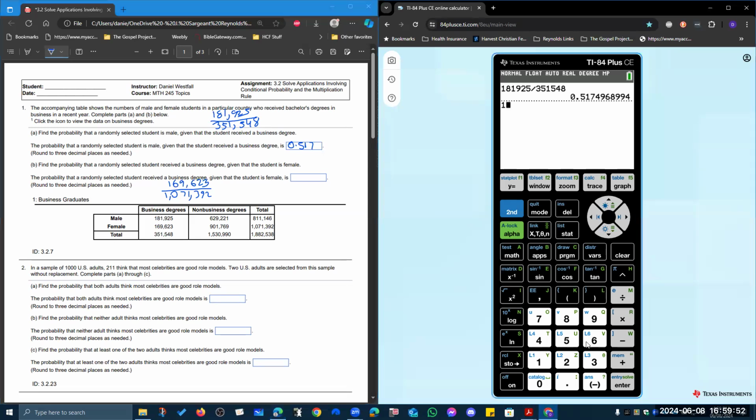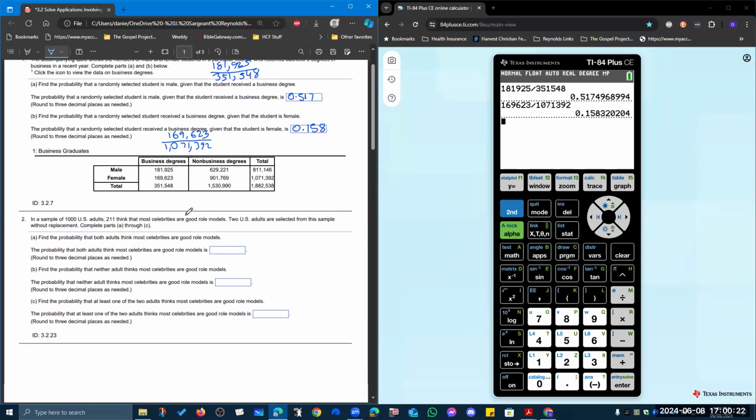So 169,623 divided by 1,071,392. We're going to round this to 3 decimal points as well. It's going to be 0.158. Because that fourth decimal point is a 3, we're going to round down.